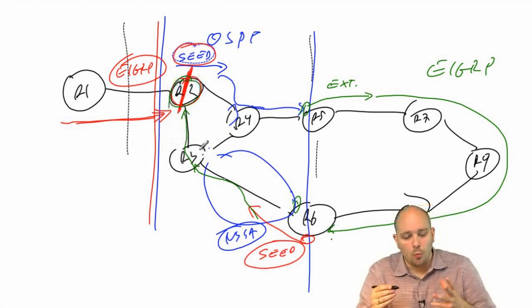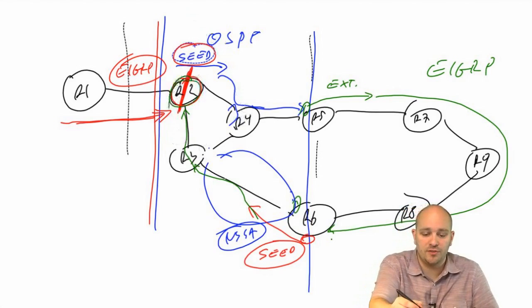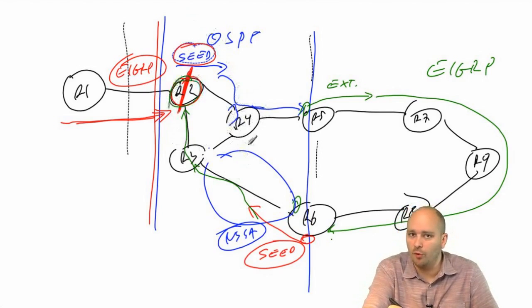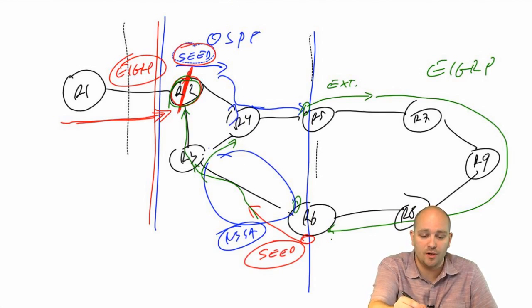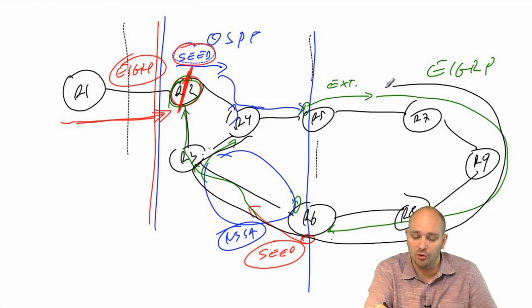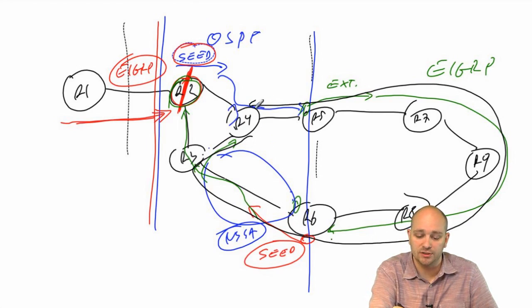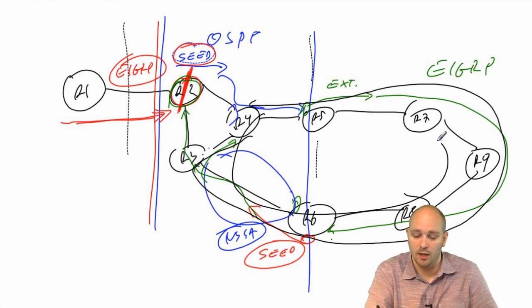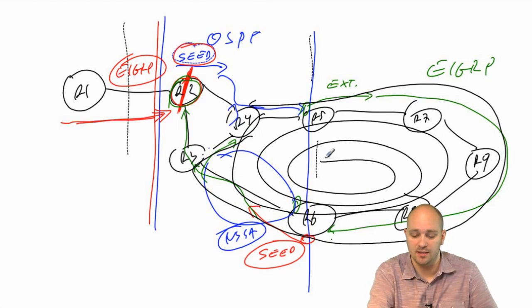Now, what's going to happen with the traffic, or on R4 for that matter? Let's say that this route now arrives to R4, and R4 now needs to send the traffic following this route. So it's going to send it to R3, R3 is going to send it to R6, it's going to go all the way back to R5, who is going to send it to R4, and then this way, and this way, and this way.